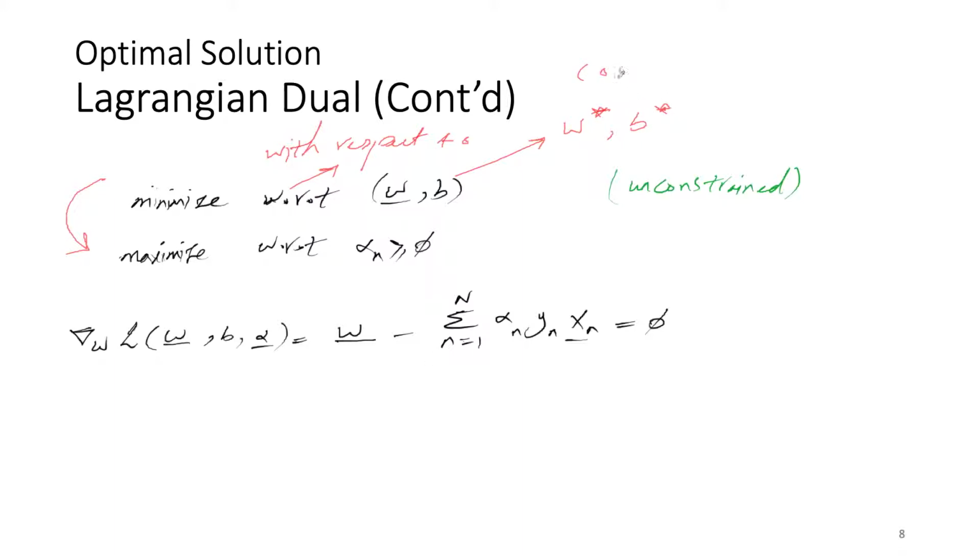If we found this, that would be the optimal solution, because using these two, we could find the line for the SVMs. Now in the dual form, this is the dual case, we maximize with respect to alphas, right?